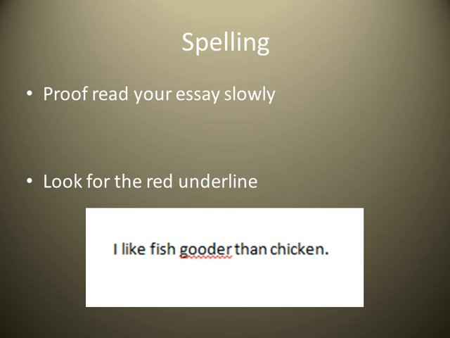When you click over it, it'll give you a suggestion of what word it thinks you were meaning to spell, and in this case it would probably change it to maybe good or something, and then that would be an incorrect grammar sentence. I like fish good than chicken, and so anyway, it might give you a couple of different chances to fix this sentence.